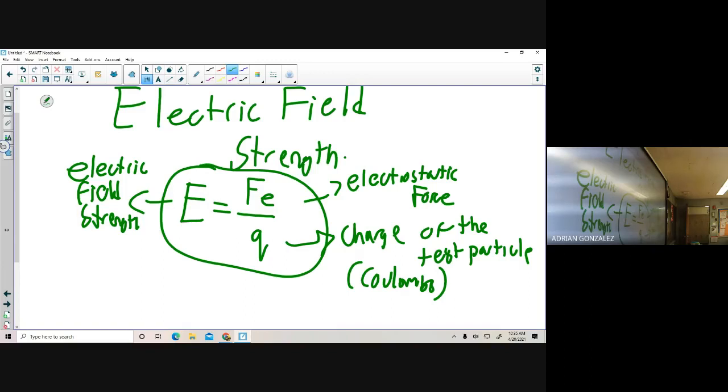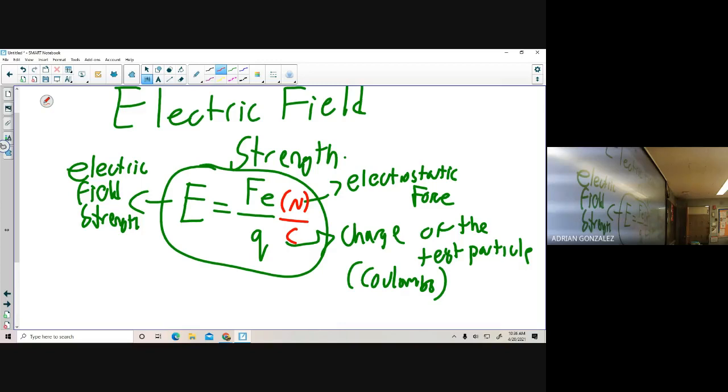Now, what is your unit going to be for FE? It's a force. What's the unit of force? Newton. So this is going to be newtons. And we said Q is going to be coulombs. So what is the unit for your electric field strength? We don't usually use that in Regents physics.